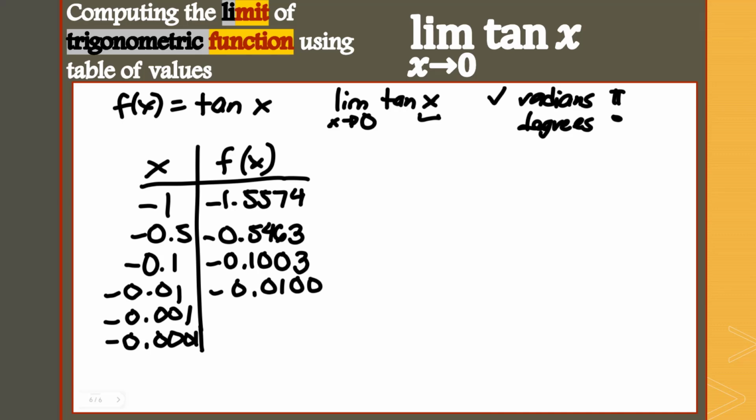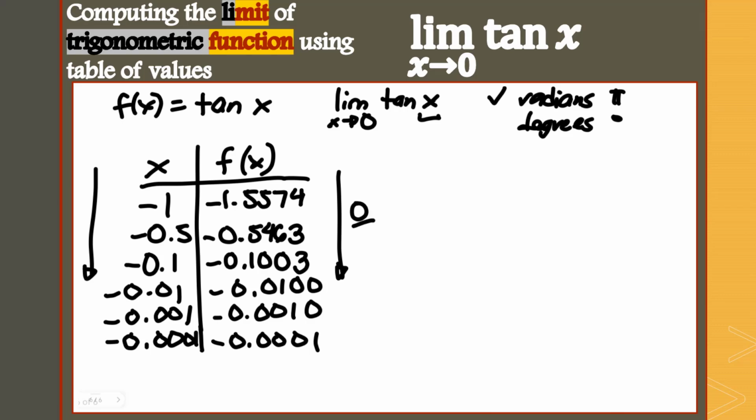For -0.001, you will have -0.0010. And finally, you will have -0.0001. As you can see, as x approaches 0, or gets closer to 0, your f of x also gets closer to 0. This is the limit of tangent x as x approaches 0 from the left.